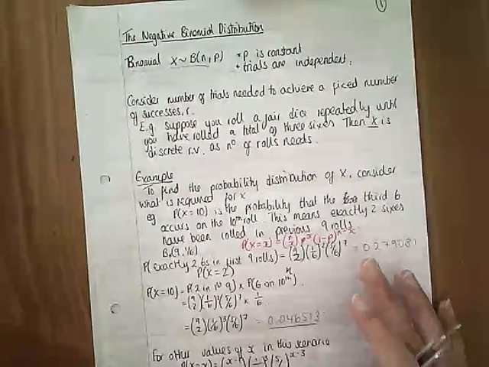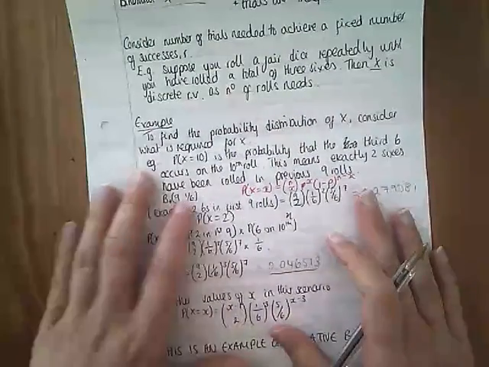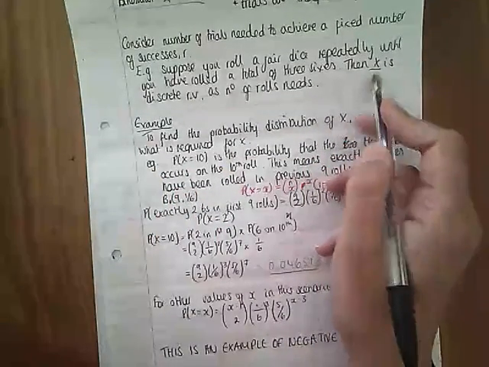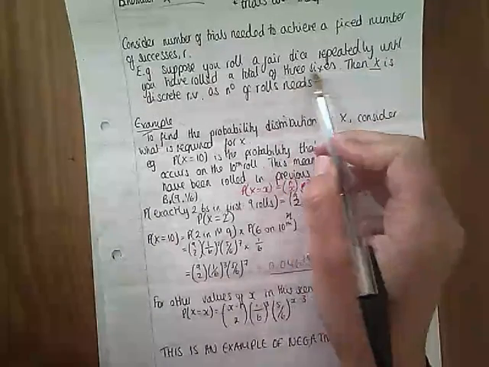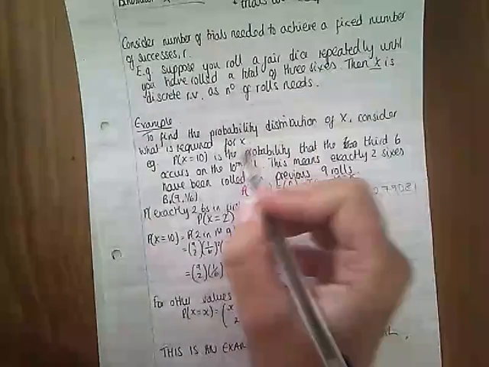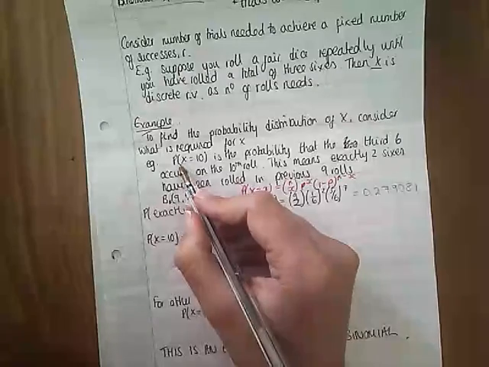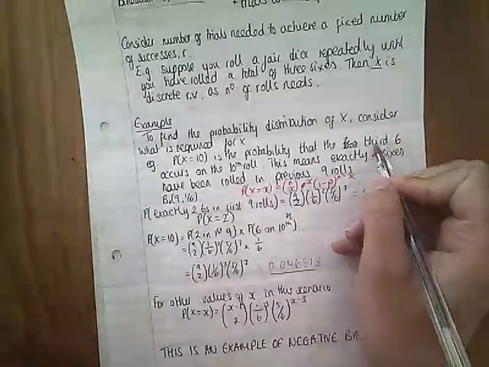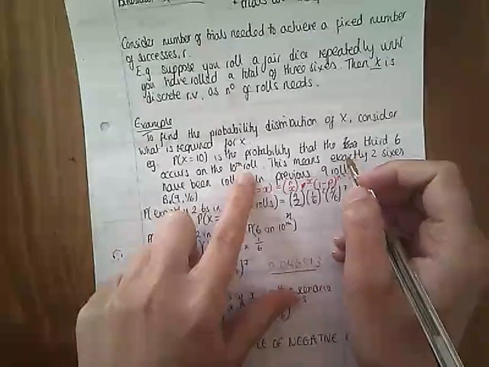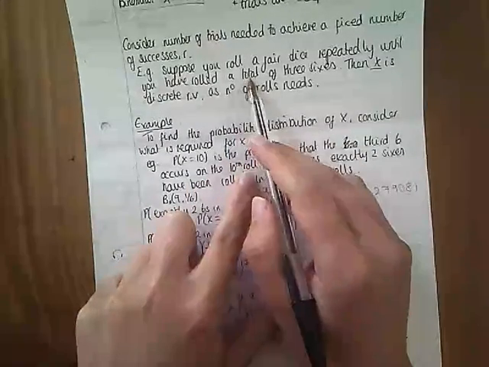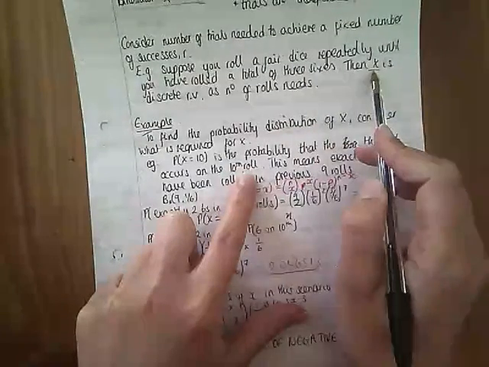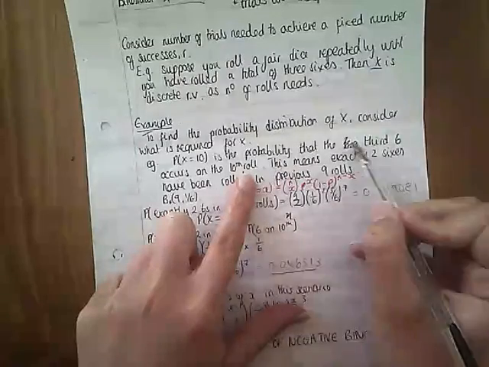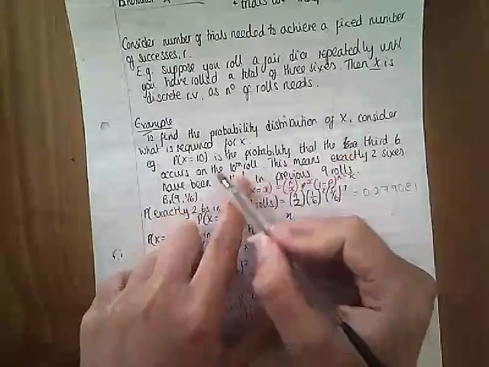Right, so here we go. We're going to think about how we find this x, i.e. the number of rolls needed in order to obtain 3 sixes. If we say that the probability that x equals 10 is the probability that the third 6 occurs on the 10th roll, because we want to achieve 3 sixes and x is the number of rolls needed, that says that we get the third 6, which is what we're requiring, on the 10th roll.